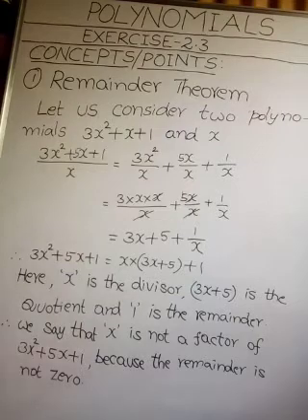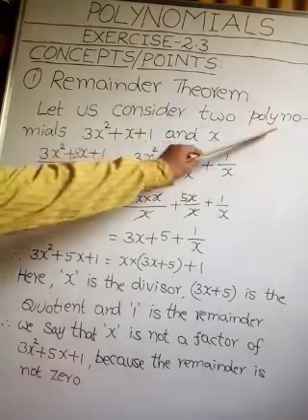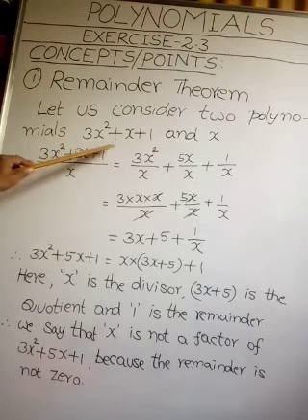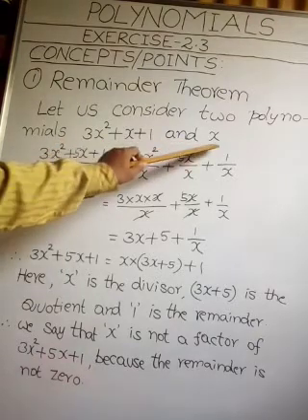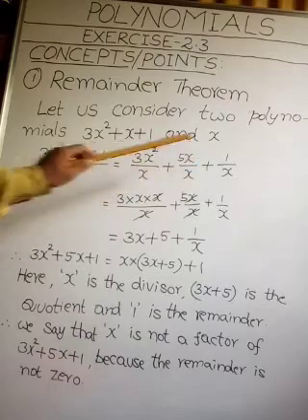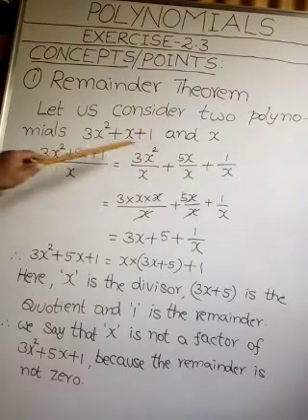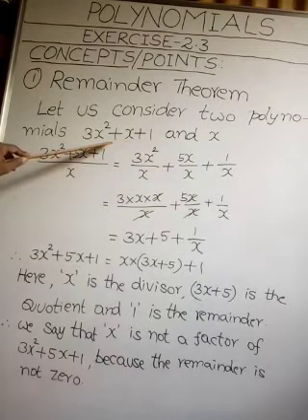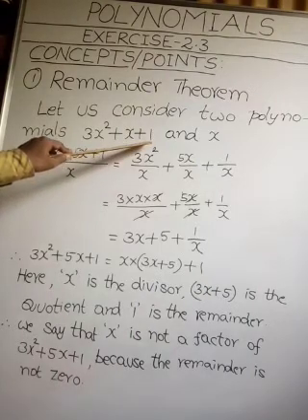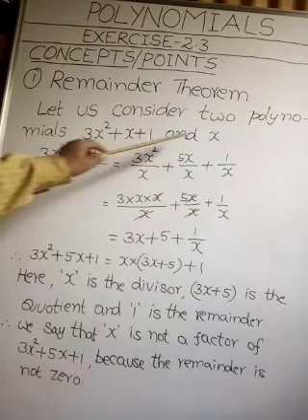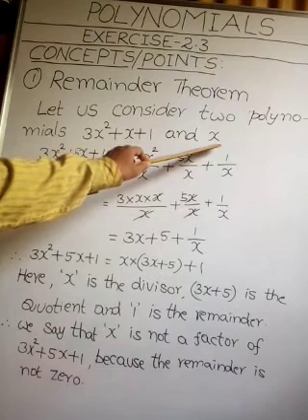See here, let us consider two polynomials, 3x square plus 5x plus 1 and x. Okay, my dear children, we have taken two polynomials and we are dividing this polynomial by this polynomial.